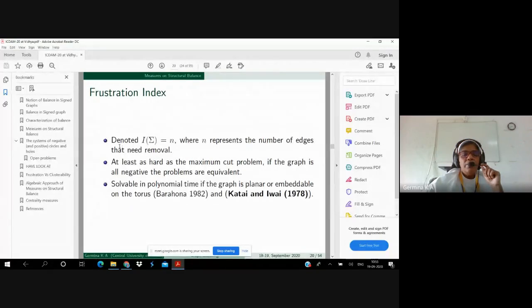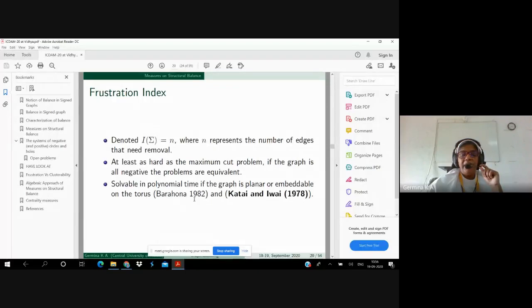It is usually denoted by l of sigma, where l represents the number of edges removed, the frustration index. It is again at least as hard as the maximum cut problem. Therefore, it is an NP hard problem. But it is solvable in polynomial time if the graphs are planar or embeddable on the torus.